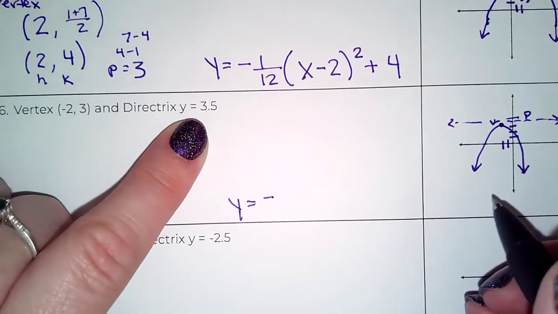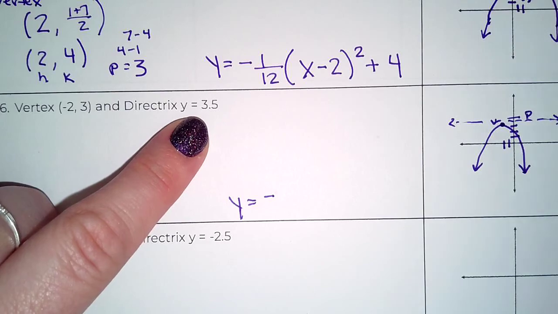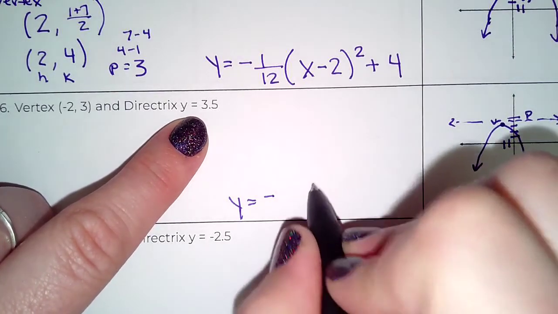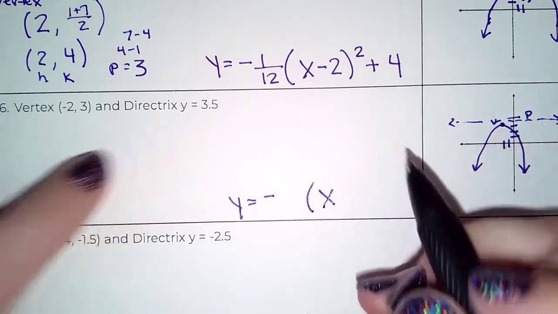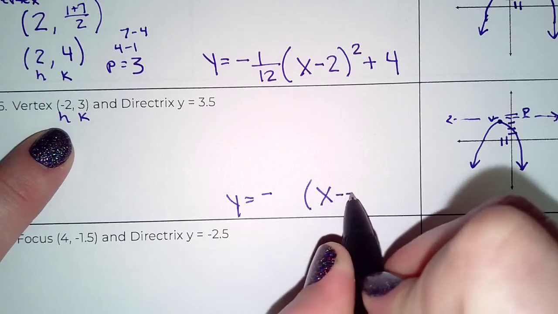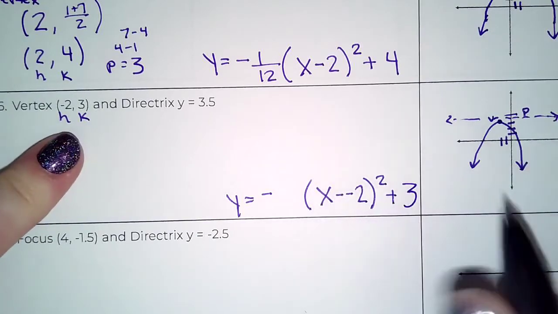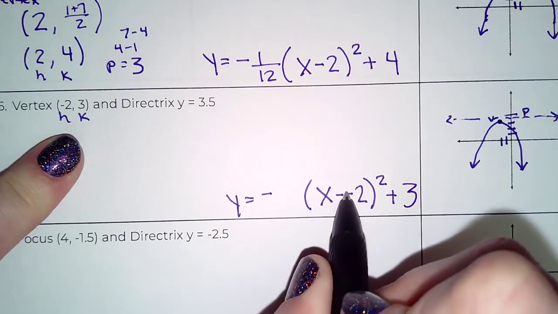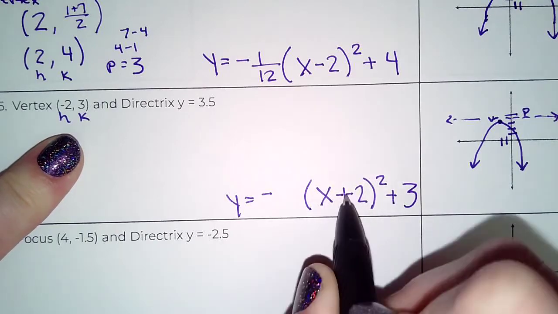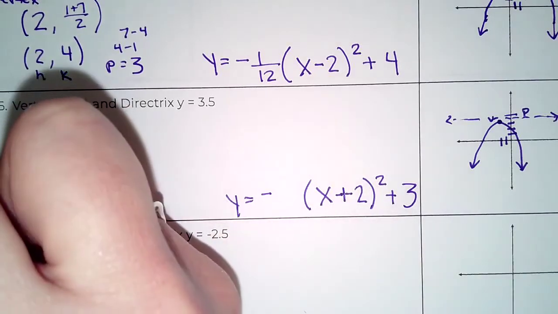All right. I don't really need to find the focus. All I need to find now is our a value. So x minus the h, so it's minus a negative 2, squared, plus k, which is 3. Minus a negative, we can simplify as plus. Finding our a, let's first find our period.